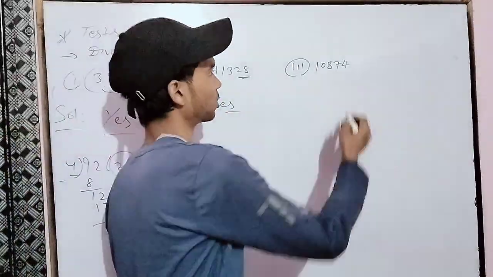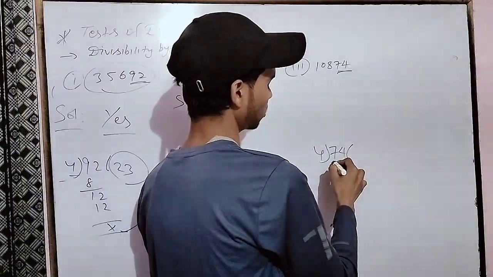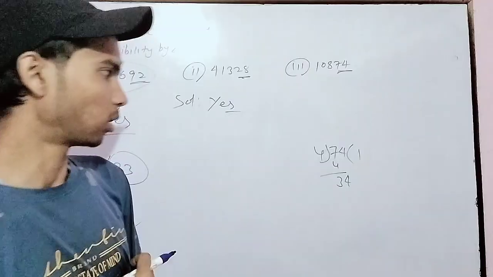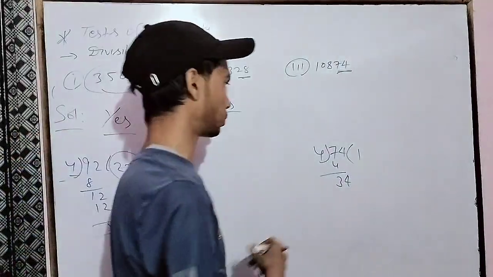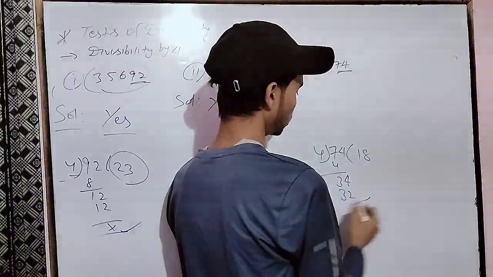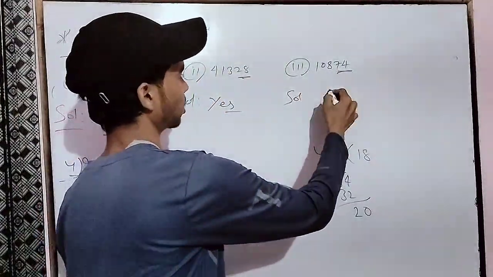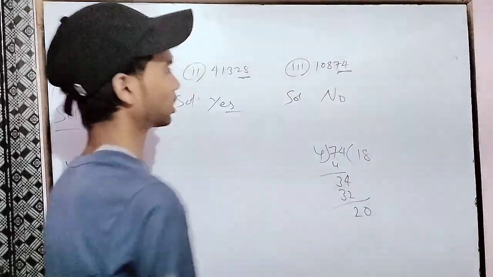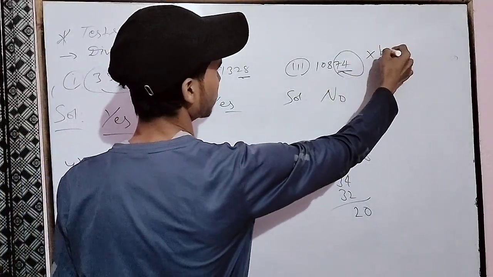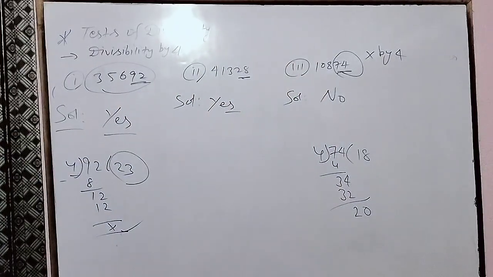Here 74, this is not divisible. And this 24 is not divisible by 4, that's why this whole number is not divisible by 4.